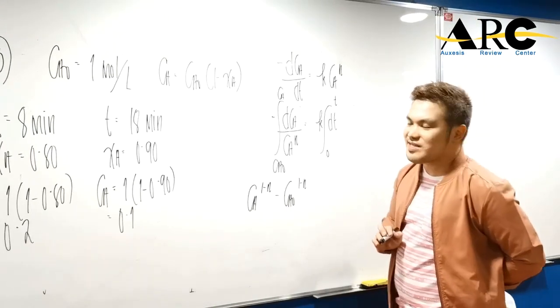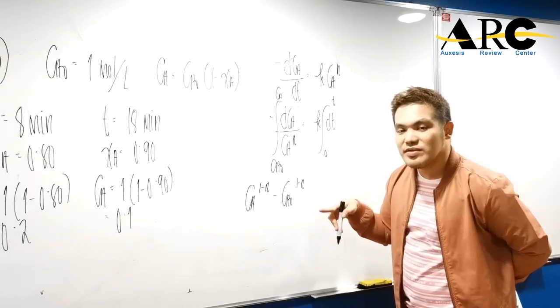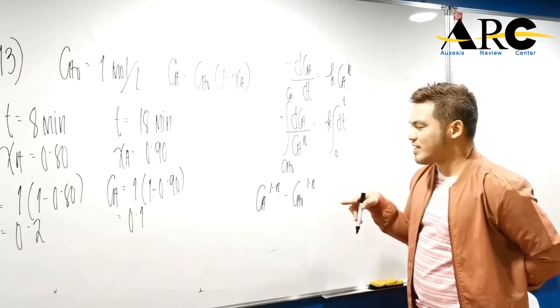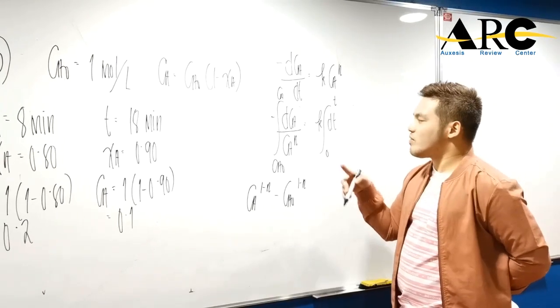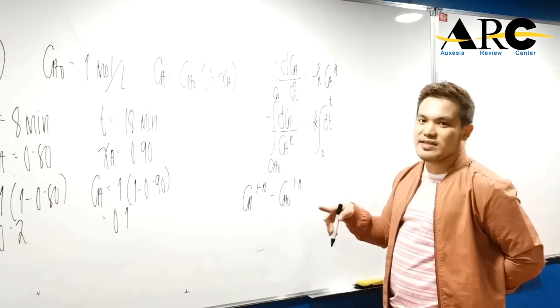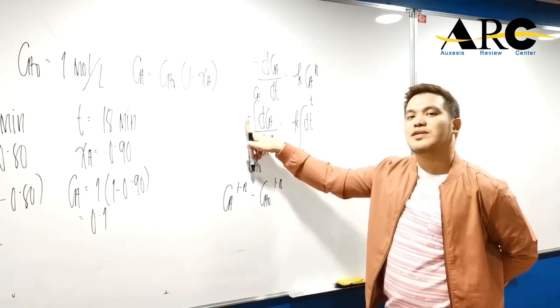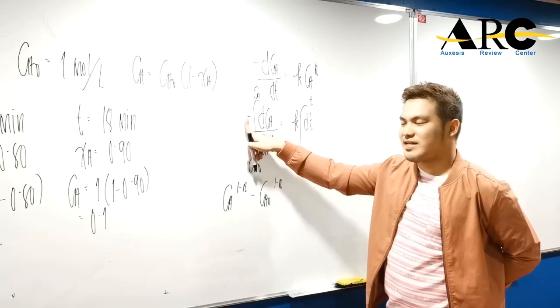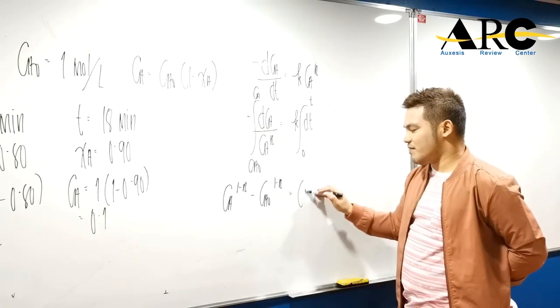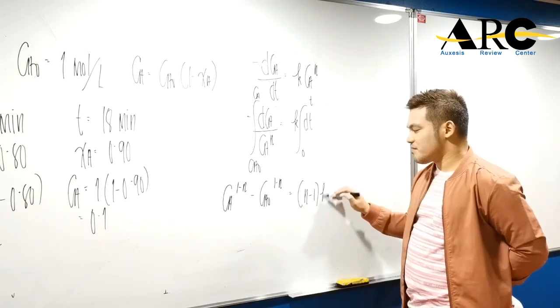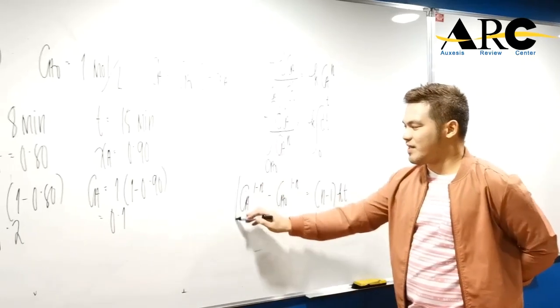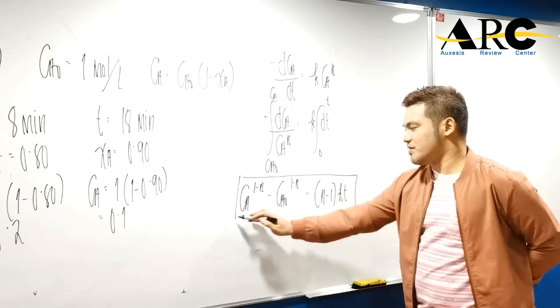Ano ba ang balance factor natin dito? Ang balance factor natin dito is 1 over negative n plus 1. Kaya lang may negative pa dito. Ano ba ang negative ng negative n plus 1? We have n minus 1.